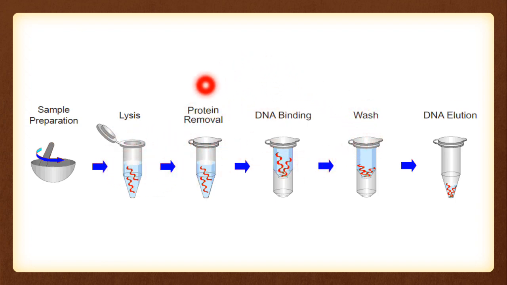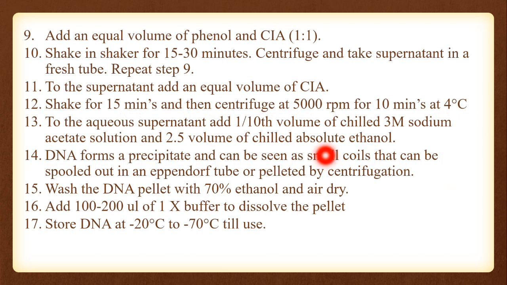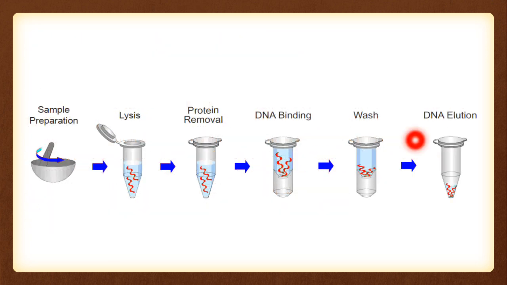Then again use proteinase K to remove the proteins, and the DNA which is present in the supernatant is precipitated using sodium acetate. After that we will collect the DNA which is present in the pellet and store it.